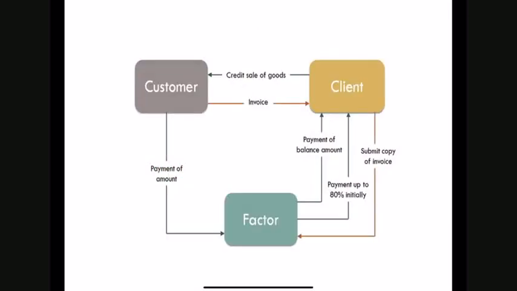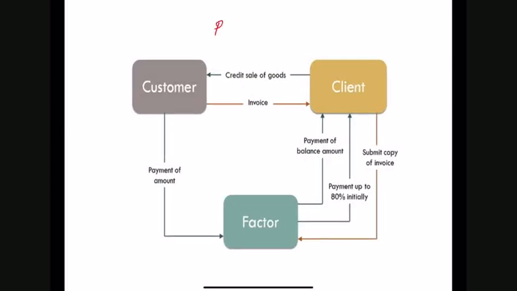Let me clearly explain the process of factoring. All my dear student friends, listen carefully. This figure shows the process of factoring. Client, customer, and the factor. There are three parties involved in the process of factoring. This is me, the client.